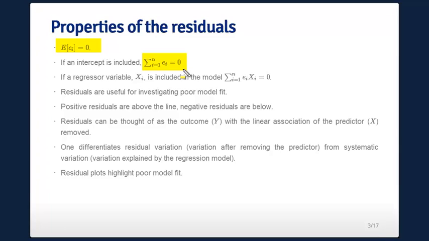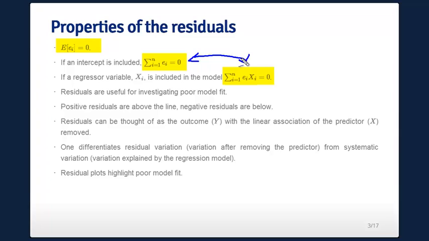And in fact, as we proceed in linear models, if you fit p terms in your regression equation, then if you know n minus p of the residuals, then you know the remaining p residuals. That's because of this latter fact: if a variable x is included in the model, then the sum of the residuals times x is also equal to 0. And of course, this statement is equivalent to the previous one in the case when x is 1, which is the intercept case.